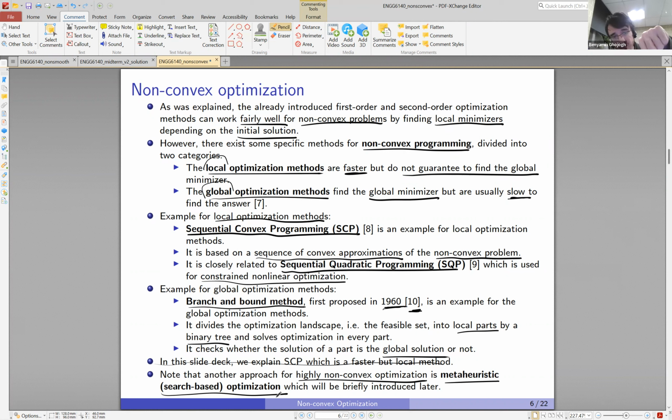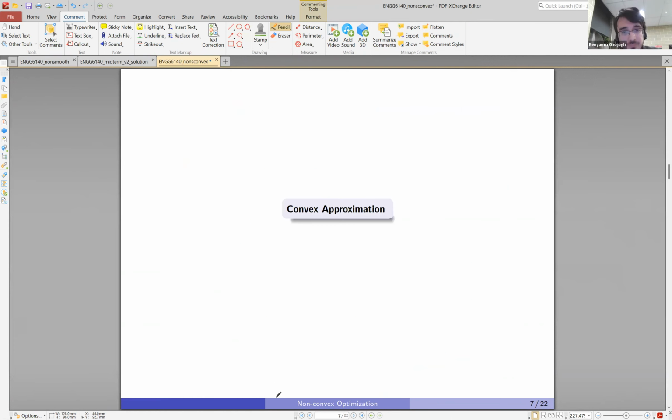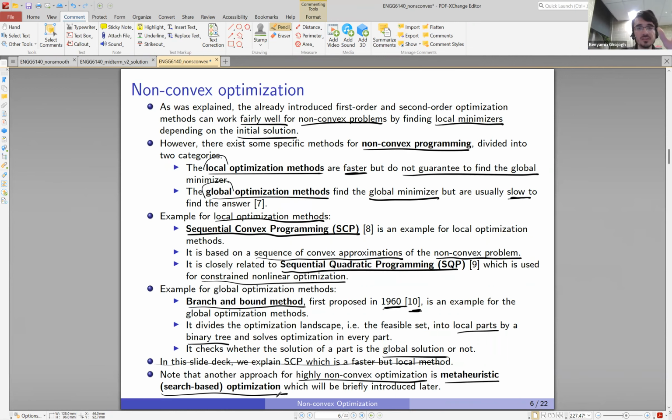Meta-heuristic or search-based optimization don't necessarily guarantee that the solution is a global minimizer, similar to local optimization methods. However, global optimization methods such as the branch and bound method can guarantee finding the global solution.